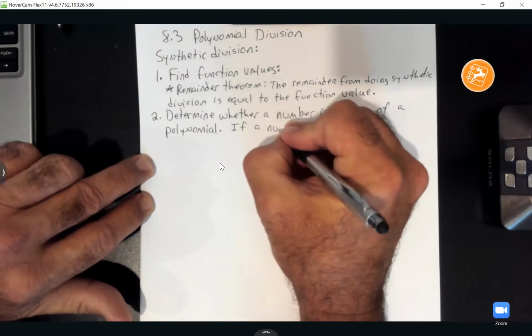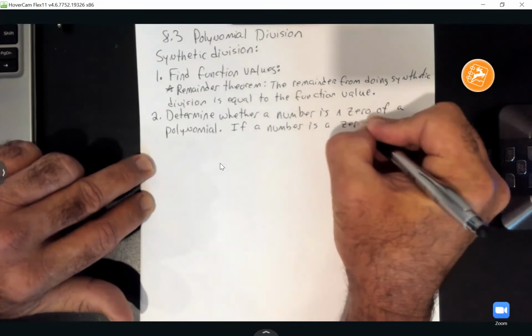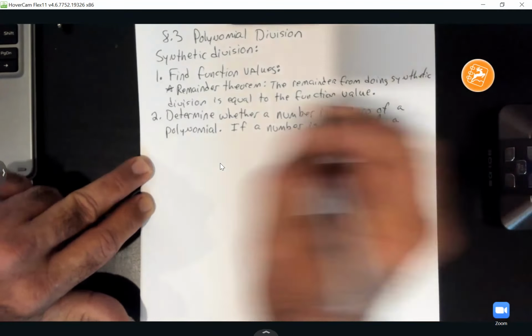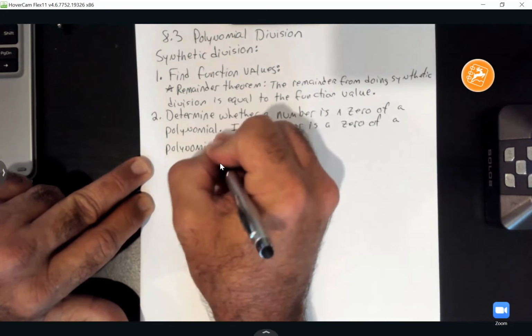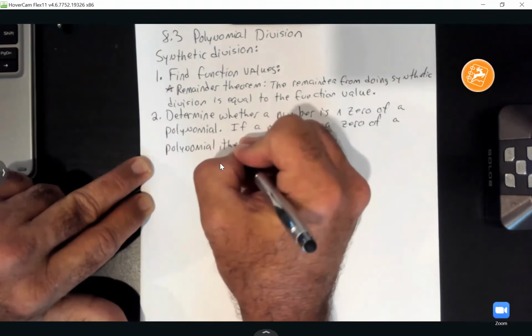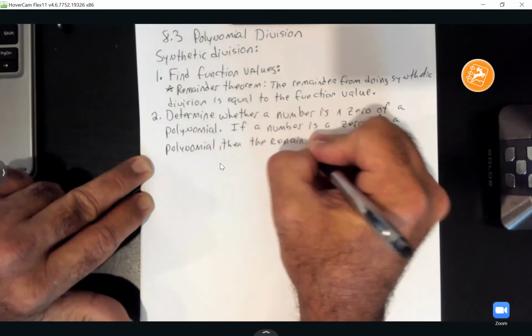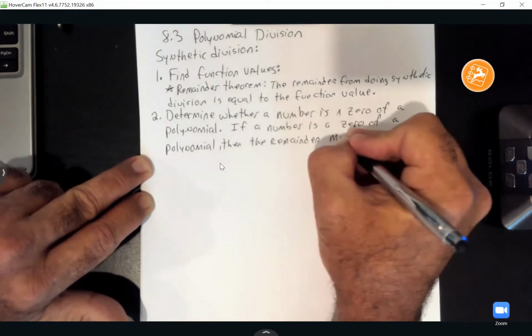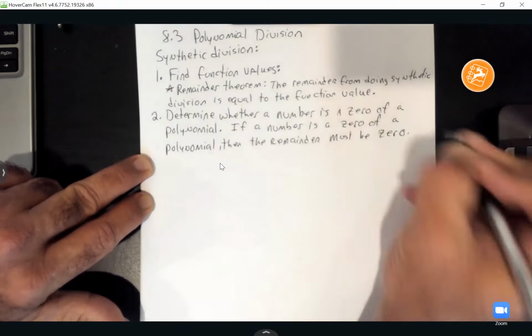If a number is a zero of a polynomial, then the remainder must be zero.